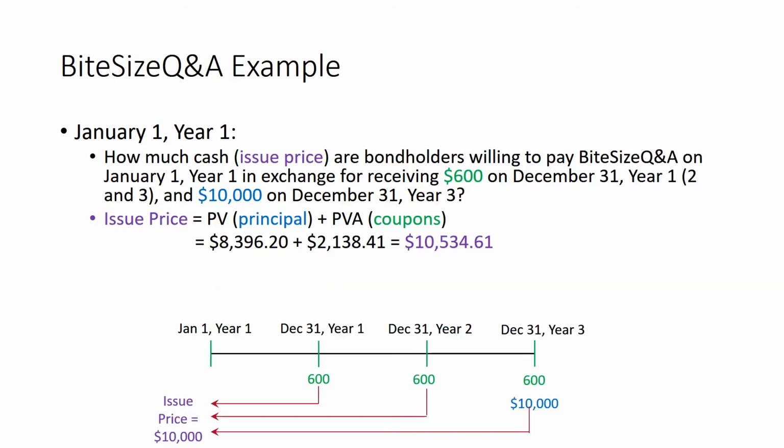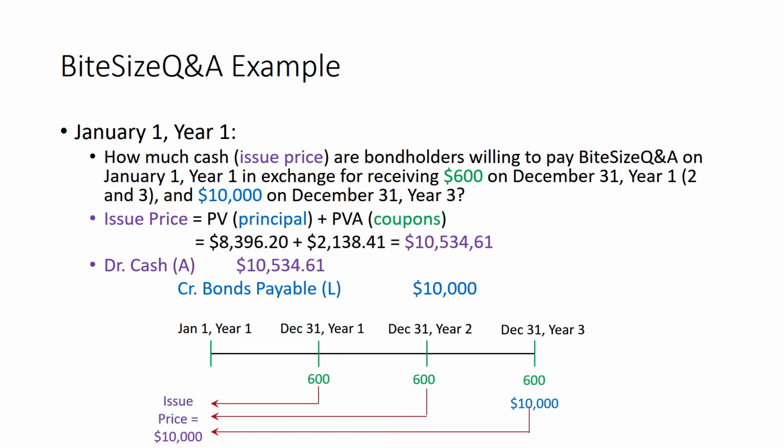That means on January 1st, the firm will receive $10,534.61, so they will record this by debiting cash. Now, the firm has an outstanding bond, so we'll credit the bond at $10,000 because this is the face value of the bond. But we see that the total debits don't equal the total credits.